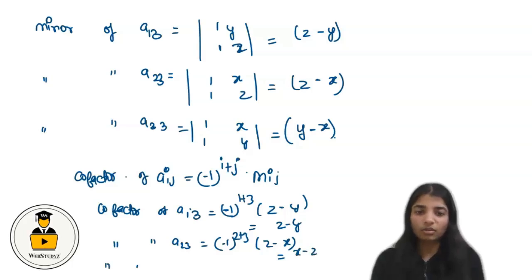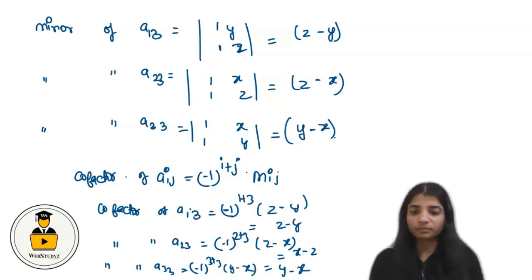In the same way, the cofactor of a33 is minus 1 raised to the power 3 plus 3 multiplied by its minor, y minus x. Minus 1 raised to the power 6 is plus 1, so it is y minus x. So we have the values of A13, A23 and A33.